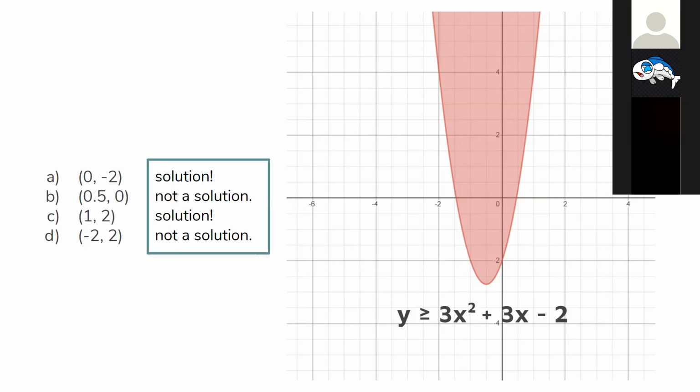Geometry, don't we do the dashed line and then we find the shape? Yeah. You would use a dashed line if it's greater than. And if it's greater than or equal to, you would shade it or make a solid line.